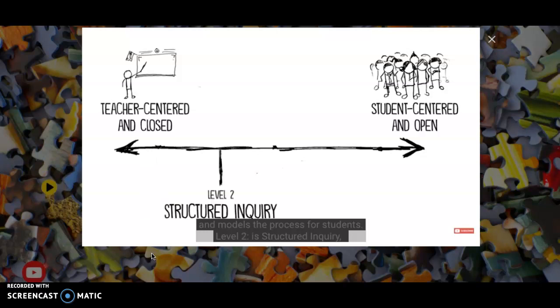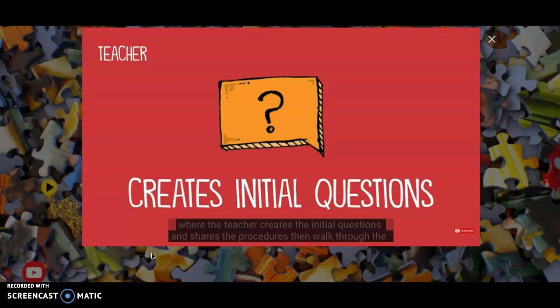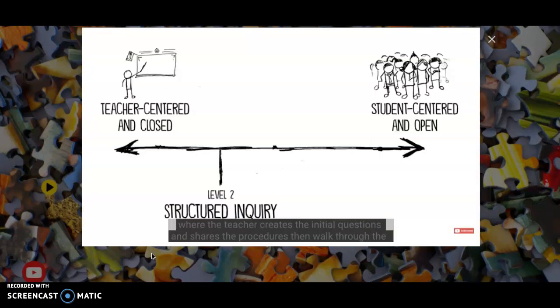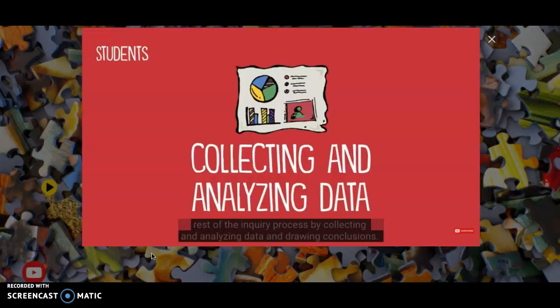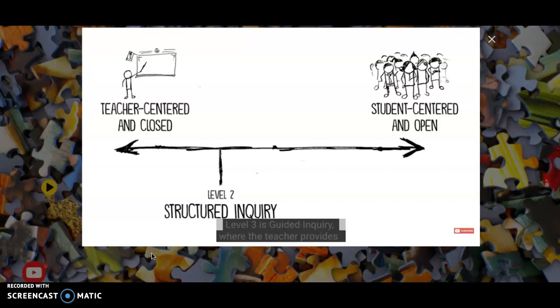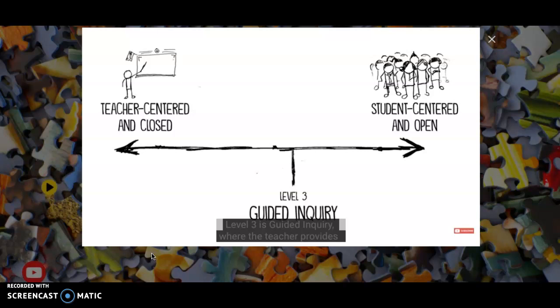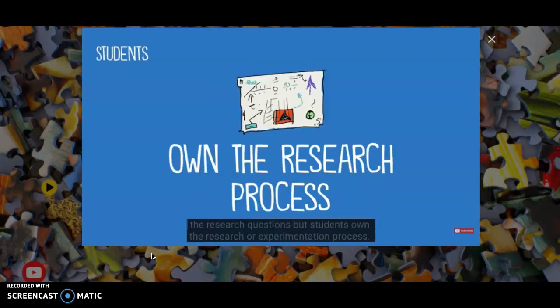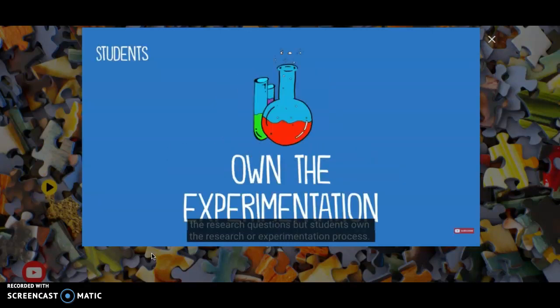Level 2 is structured inquiry, where the teacher creates the initial set of questions and shares the procedures, but then the students walk through the rest of the inquiry process by collecting and analyzing the data and drawing their own conclusions. Level 3 is guided inquiry, and this is sort of the beginning of what we typically think of as inquiry. This is where the teacher provides the initial research question or questions, but students own the research process and the experimentation.